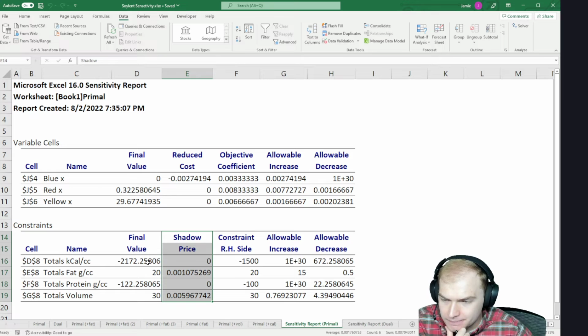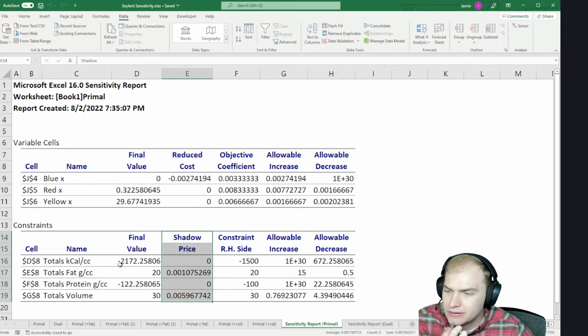And again, we'll see that if the final value and the right-hand side are not equal, the shadow price is 0. So if our constraint is not tight to the solution, the shadow price for that constraint is 0. And we can see that that's the case for the calories and the protein.